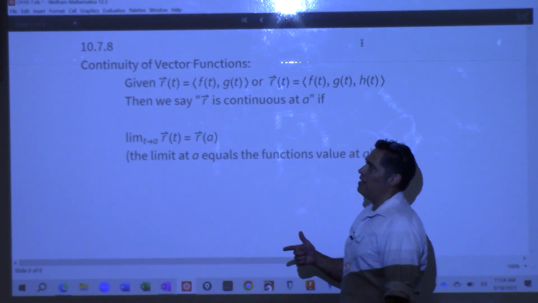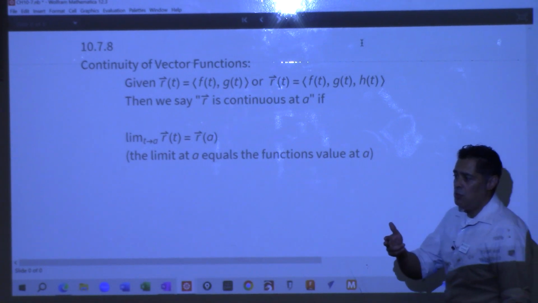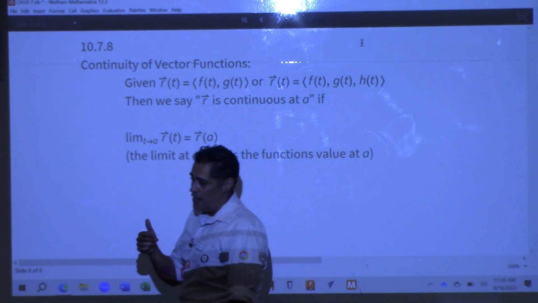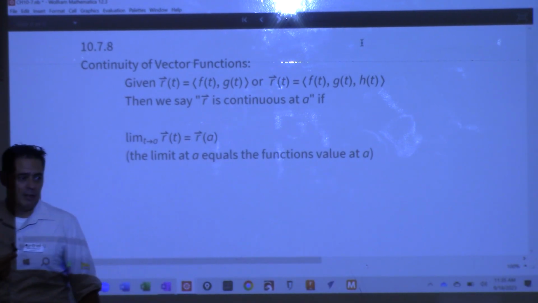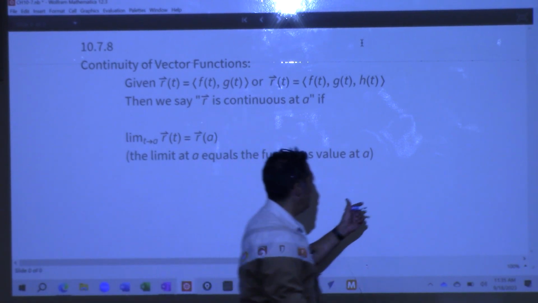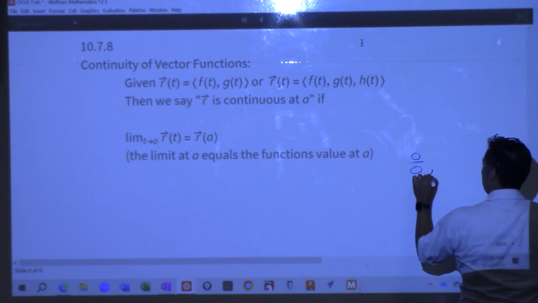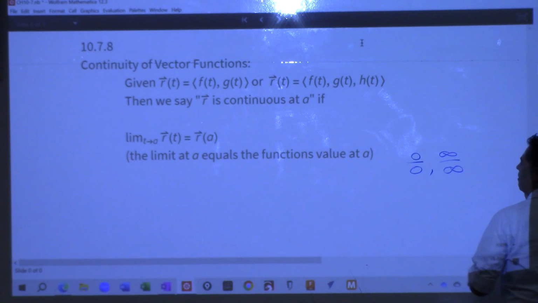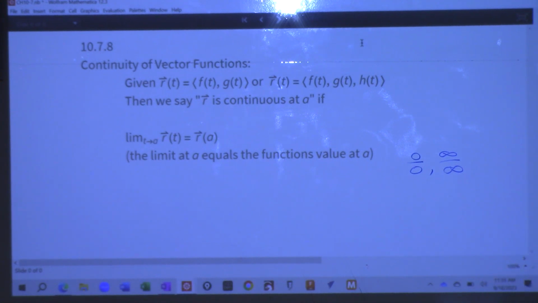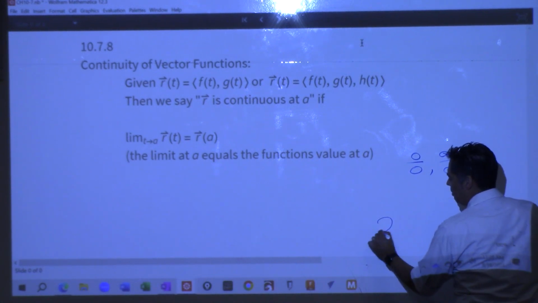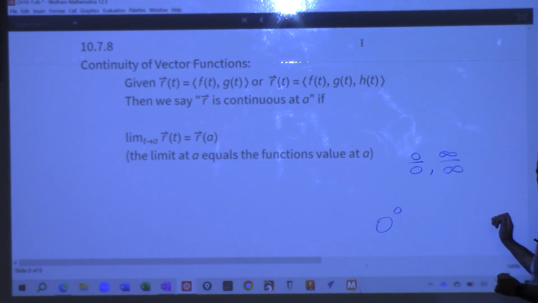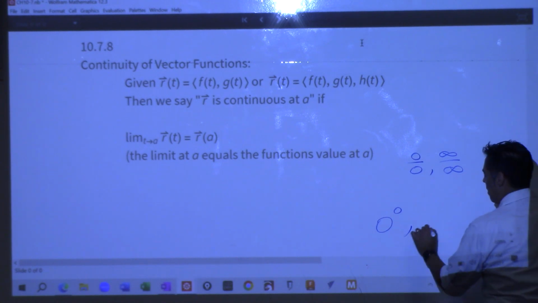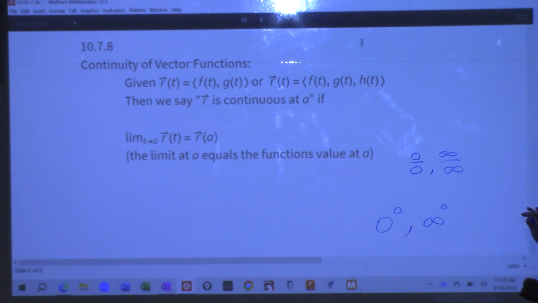Now, I should say that there's a lot more to L'Hopital's rule that I didn't show. L'Hopital's rule is only good for what? You can only use it when you have this or this. But there's a whole bunch of other indeterminate forms that you learn in Calculus 1 that require L'Hopital's rule. Things like if you ever see a limit and you have 0 to the 0, that's an indeterminate form. If you see something like infinity to the 0, that's an indeterminate form.